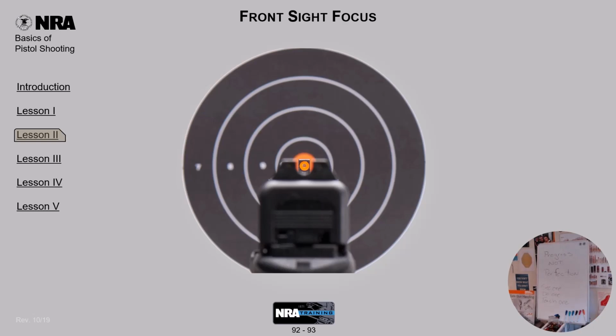So if you go and look at question number 5, it says, when aiming a pistol, the eye can only focus on one object at a time. Therefore, you should focus on the rear sight, target, front sight, or bullseye. What did we just say? What does this say? It says front sight focus. So there you have it. Now you know.